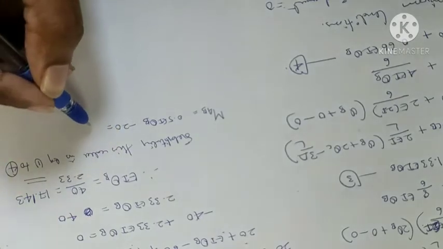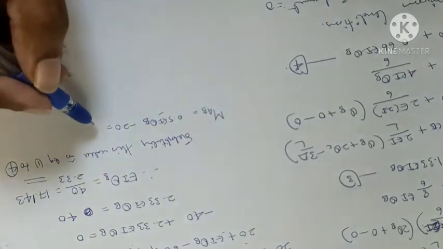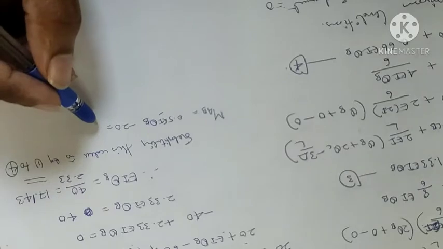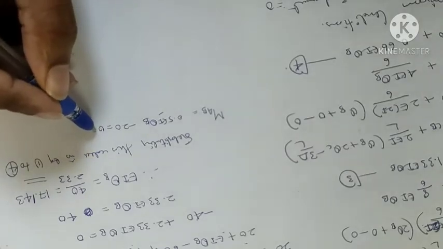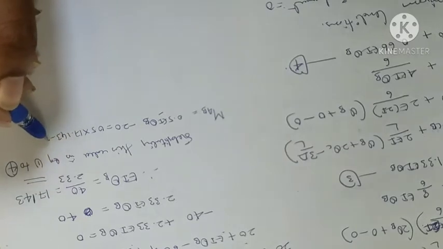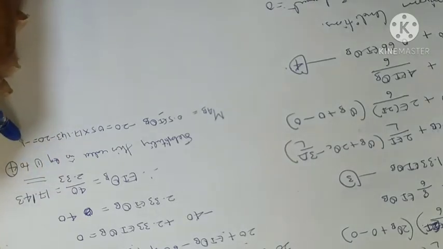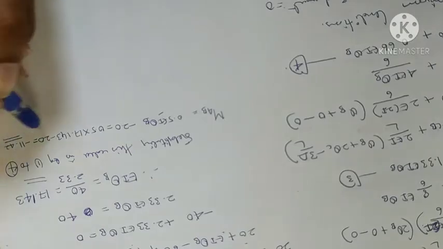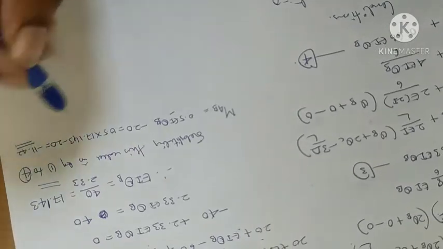When you substitute the EI theta B value, you will have 0.5 into 17.143 minus 20, so this value will be minus 11.42.